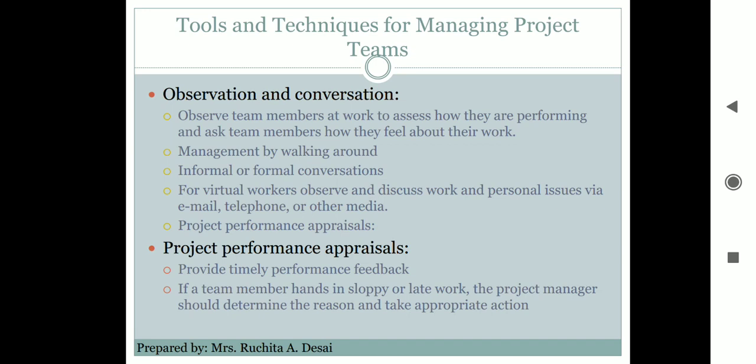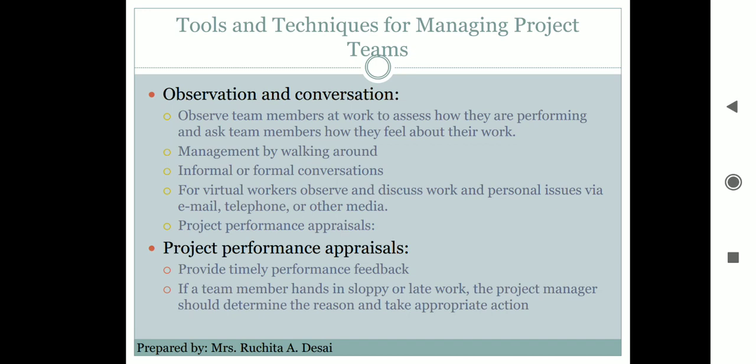We try to find out what kind of problem an individual has related to his team performance or his own performance. Or we can observe a conversation happening between a group of individuals.